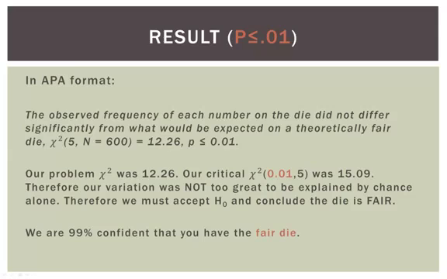Now, wait a minute. You have the same die in your hand. But in the first case, when p was 0.05, we concluded you had the loaded die. Now, with a p of 0.01, we conclude you have the fair die. What? Now, this is my point on changing the p-value, or changing the strictness with which we are willing to explain variation.